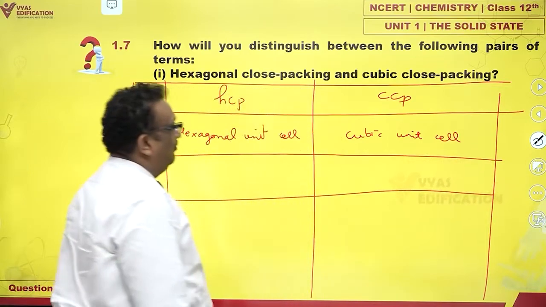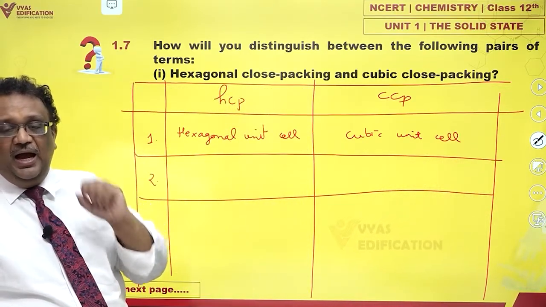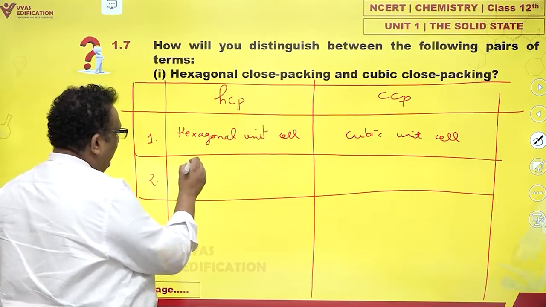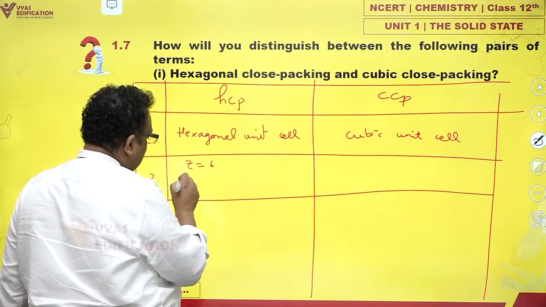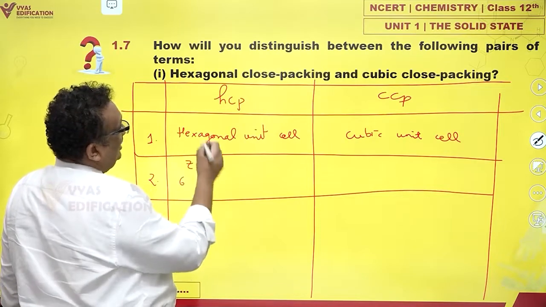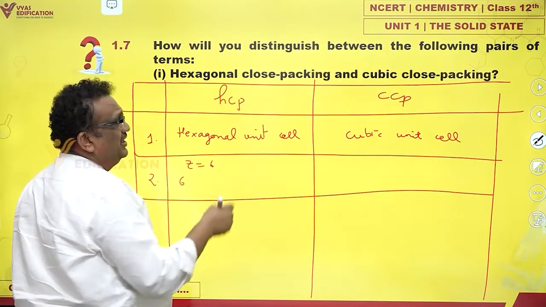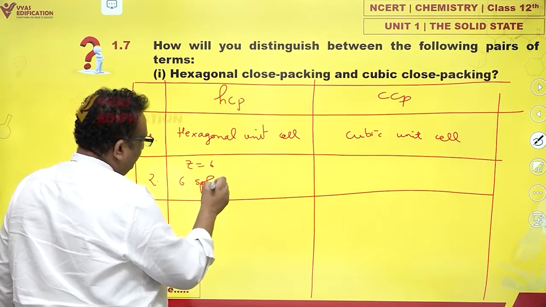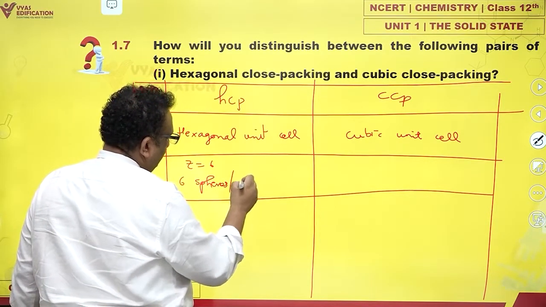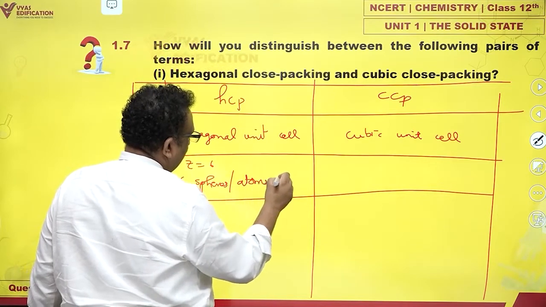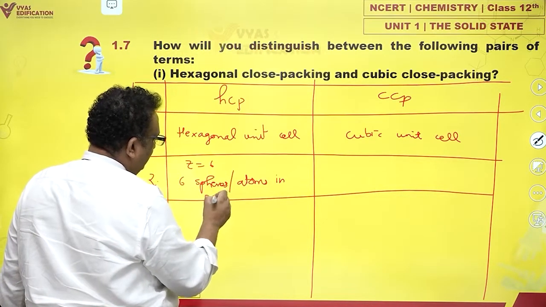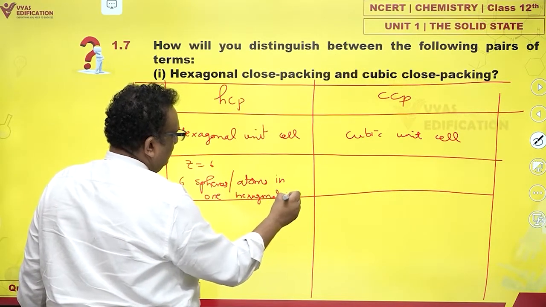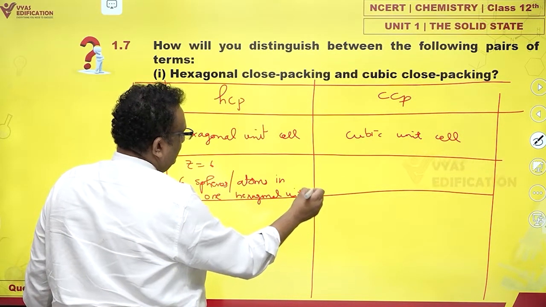how many atoms or how many spheres are within a unit cell? So Z is equal to 6, or 6 spheres, lattice points or entities, are present in one hexagonal unit cell.